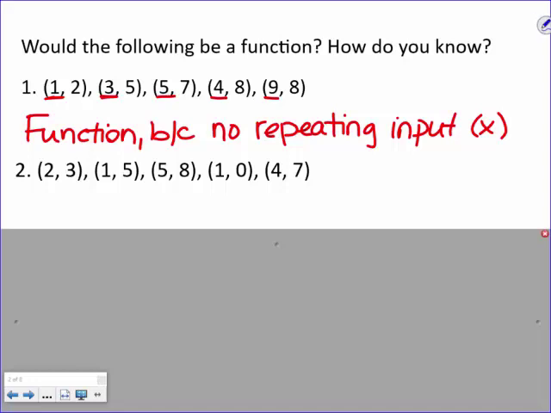The inputs, or the x's, and what are my input values? 2, 1, 5, 1. All right, so what do you notice on this one? There are 2 ones, okay? 2 of the same inputs. So when I see 2 of the same inputs, what do I need to be looking at? Their outputs that go with it, right? Or their y values. So what do you notice about those numbers? They're different. So is this a function? No, this is a non-function.